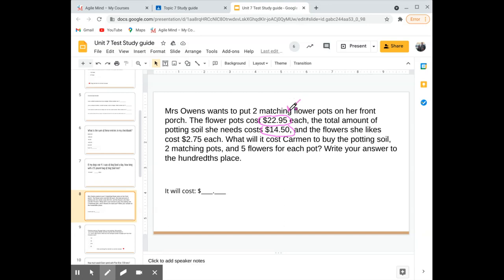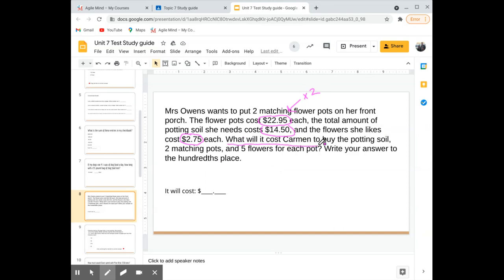So this right here, is that the cost for both or just one? That $22.95. Just one. Yeah, so we need to multiply that by 2. And then it says the flowers she likes cost $2.75 each. So is that also being multiplied by 2? Yes.